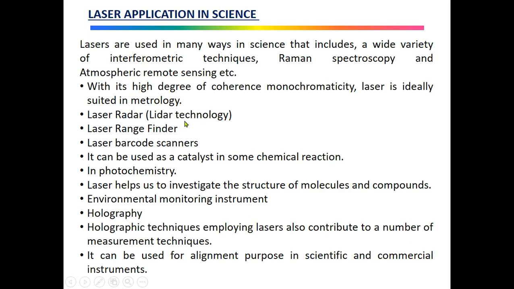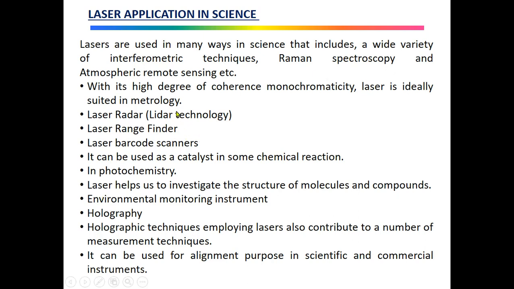Lasers can also be used to find the range because laser divergence is very low. Whenever a laser is emitted from its source and reaches a far distant object, its divergence is very low, so it can be used for finding the range. It finds application in military science, where, to knock down an enemy's tank, it is necessary to range it very accurately.